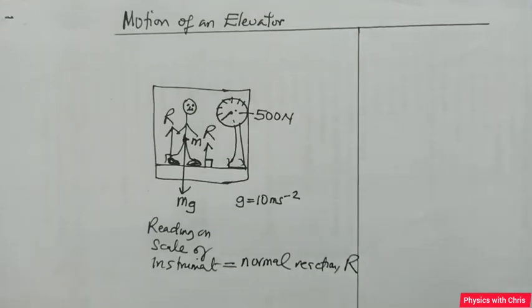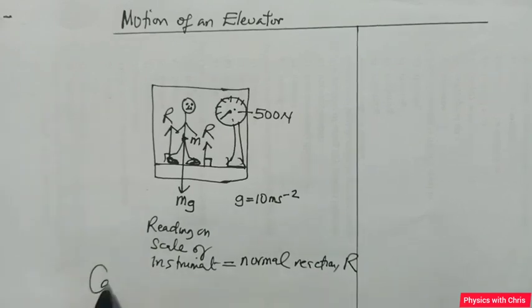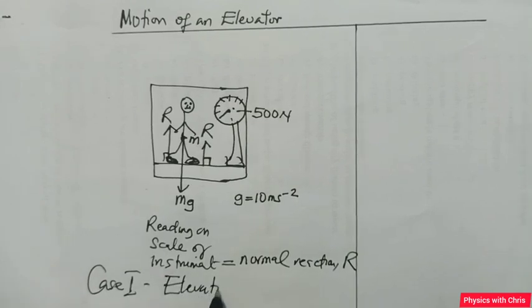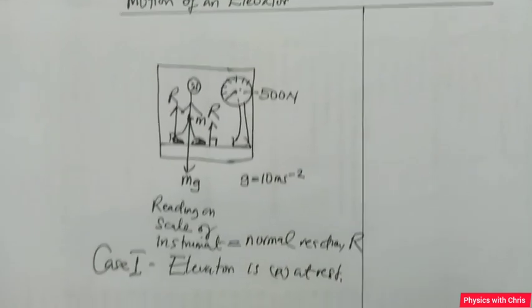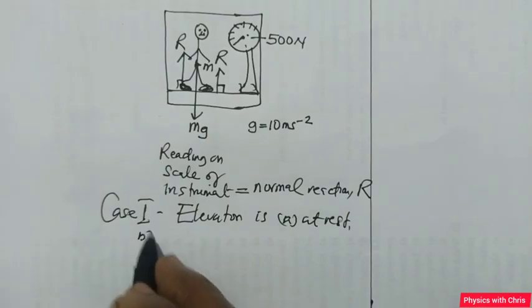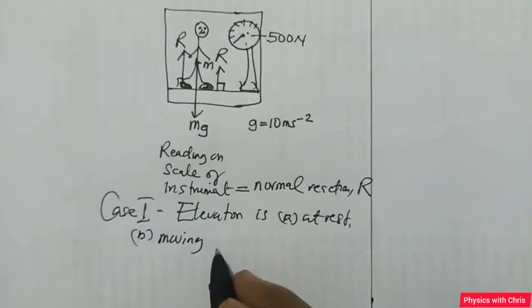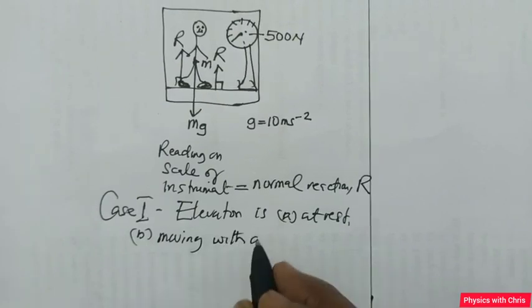Now let's take the first case, case 1. In case 1, we say that the elevator is either at rest, that's part A, or the elevator is moving, that's the B part, moving up or down, upwards or downwards, with a constant speed.